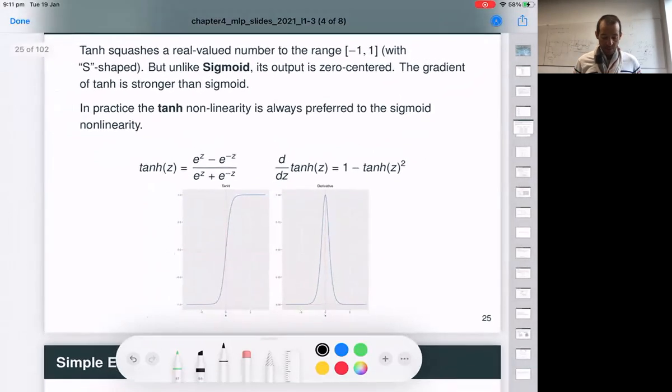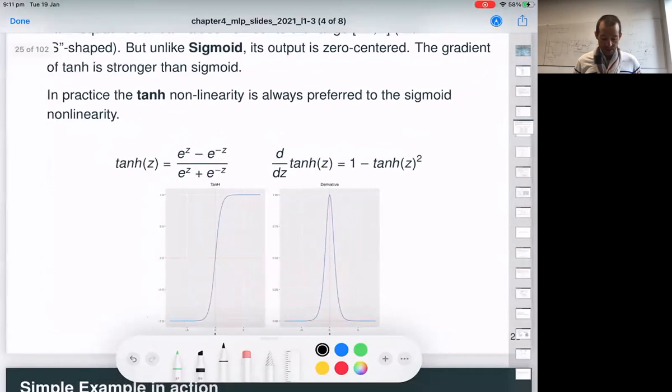But there's the same trouble as the sigmoid, because for very low values of x you will have a derivative going to 0, and for very high values of x you will also have a derivative going to 0, because it's a plateau.